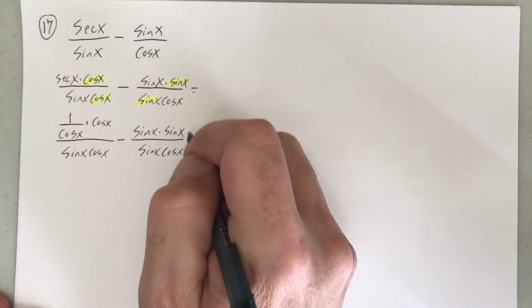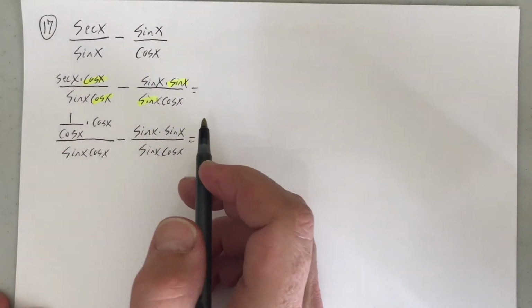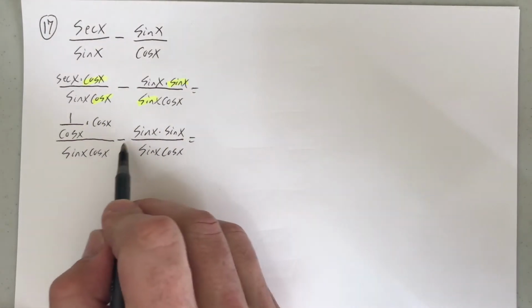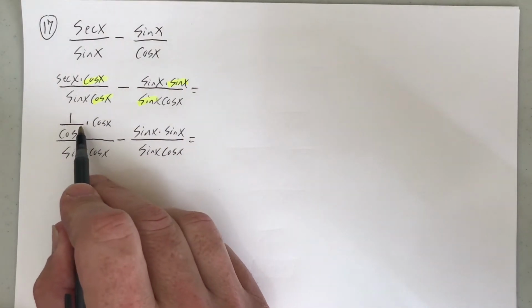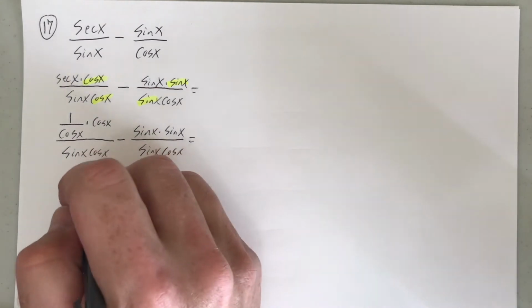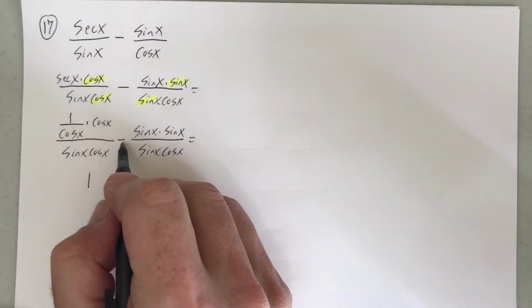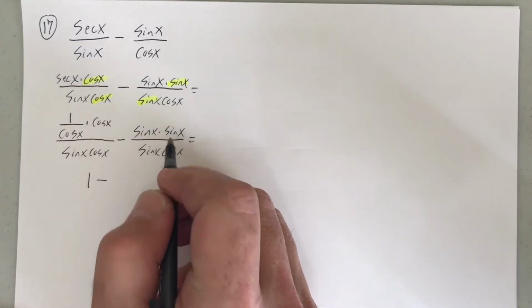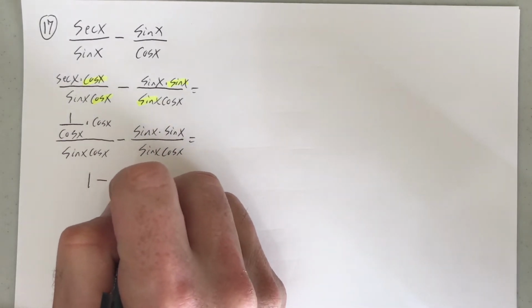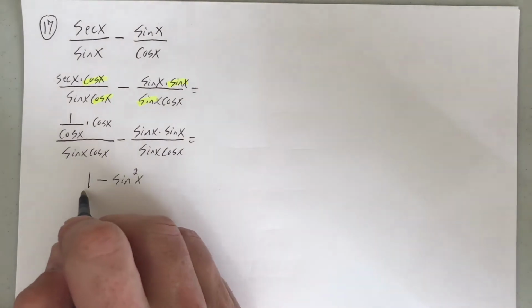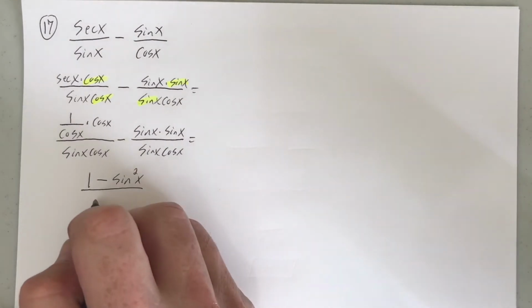I could have multiplied that out if I wanted to, I'm just going to do it all here now. So from here, if I multiply this together, that is just going to give me 1, because cosine over cosine is 1, minus sine x times sine x, which is sine squared x, and I'm going to put this whole thing over my common denominator.